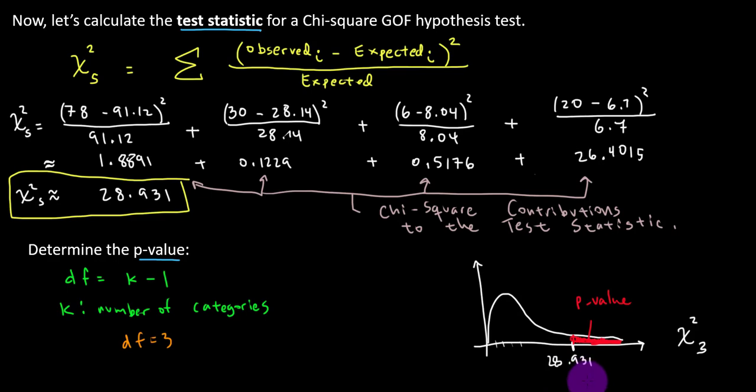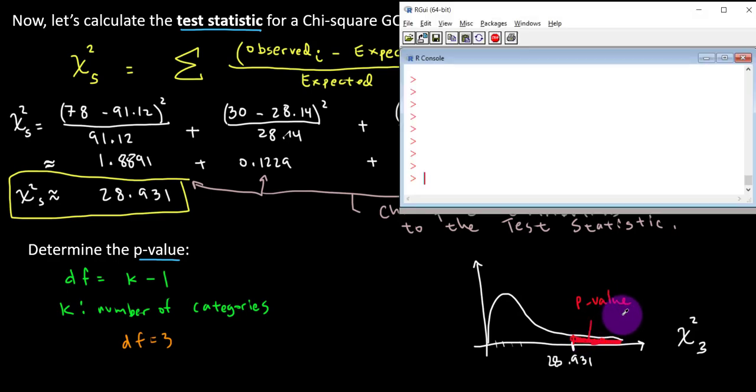So how do we find this p-value? We're going to use R. We need a probability that corresponds to the chi-square distribution. We will see more details of these functions during our lab session. However, the distribution is chisq. Because we want a probability, we need to put the letter p in front, not the letter q.